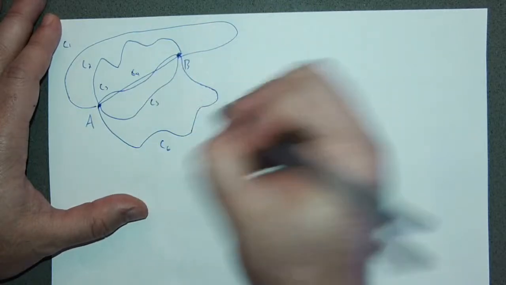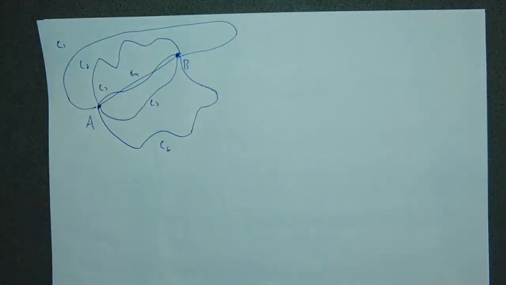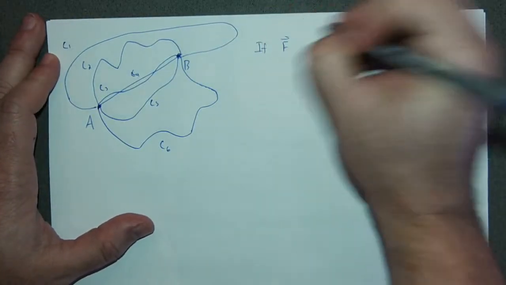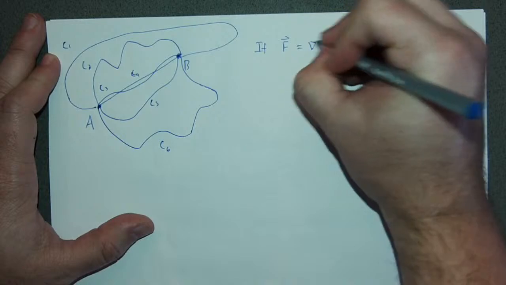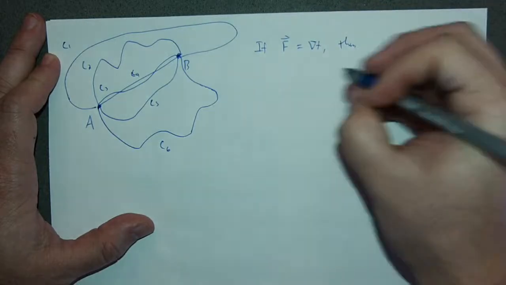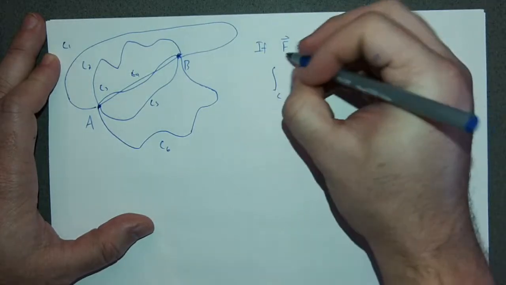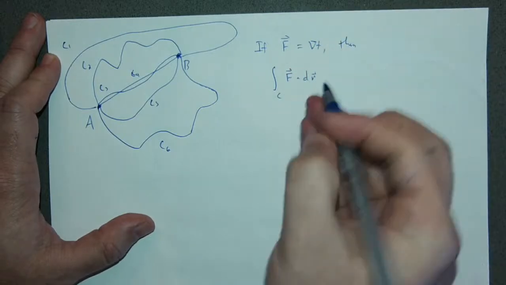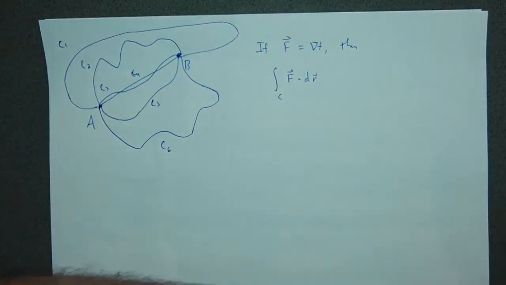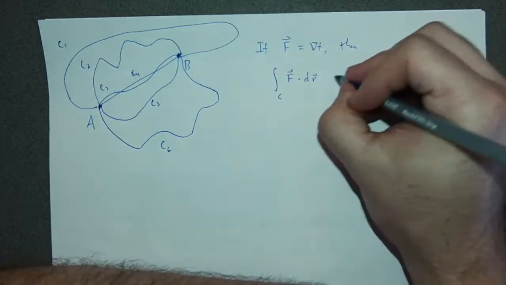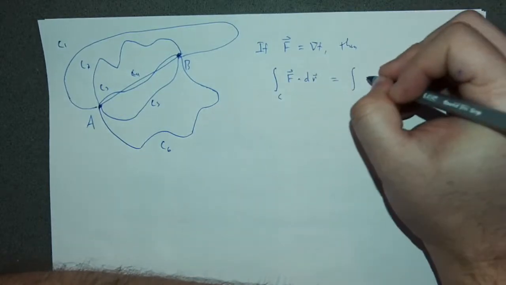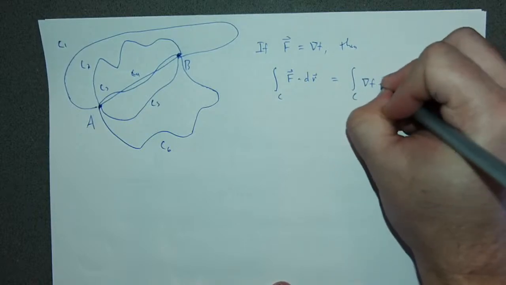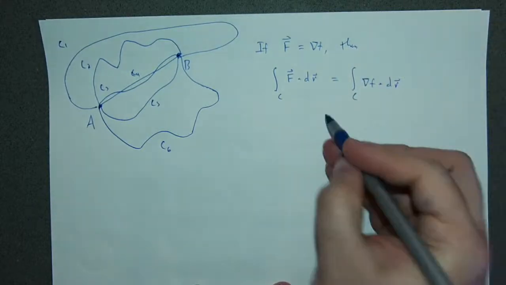C5 and C6. Okay. Well, if F is conservative, right, if the vector field F is equal to the gradient of little f, then doing the line integral of such a vector field along any curve is just the same as integrating the gradient along any of those curves.